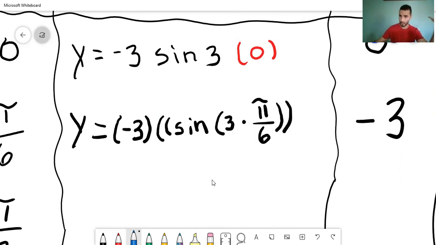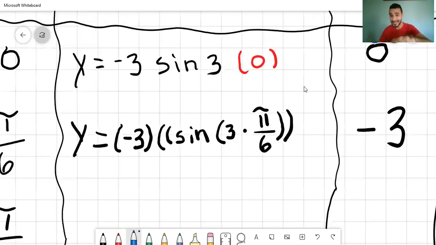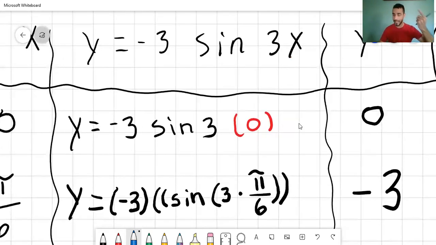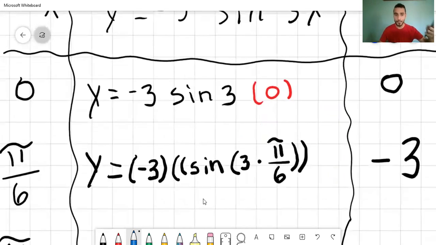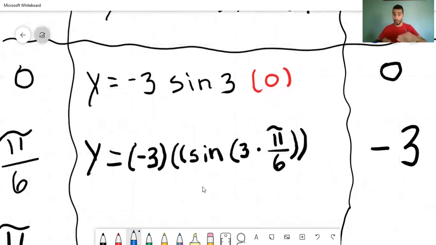And then you open one parenthesis and you put 3 times X, remember. My next value of X is pi over 6. Once you do that, the answer is going to give you -3. So we put the -3 over there.